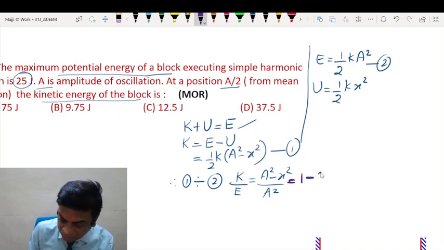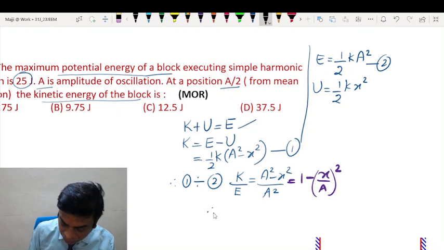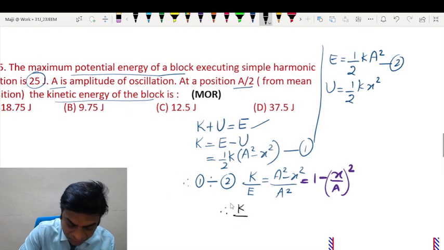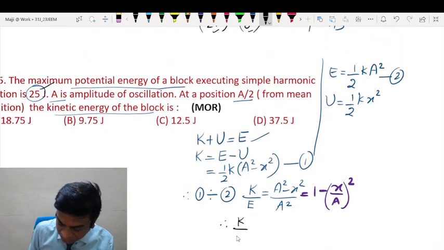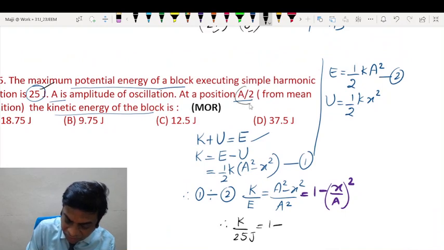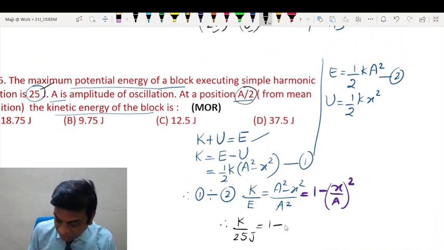So this is 1 - (x/A)^2. So kinetic energy we have to find. Total energy is given as 25 joule. So we will be proceeding in joule, students. So KE = 25 joule times (1 - (x/A)^2), and since x = A/2, half squared is 1/4, so this is 3/4.